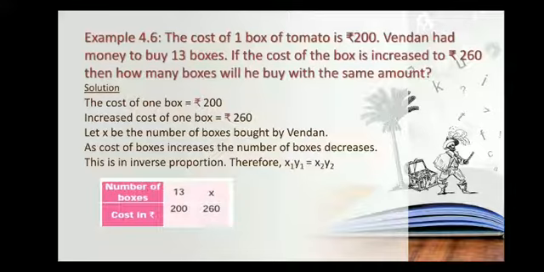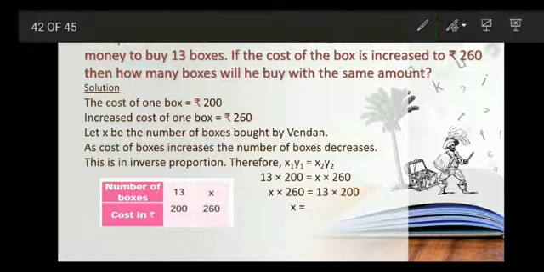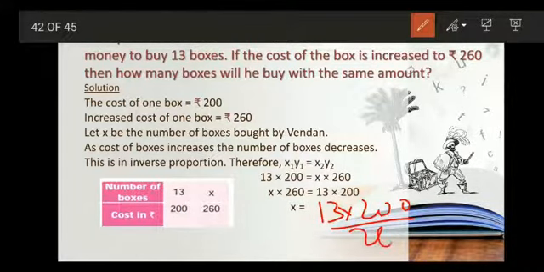So 13 into 200 is equal to x into 260. Okay, 13 into 200 is 2600. So 2600 is equal to x into 260. In this step we are exchanging the LHS and RHS. We need the value of x, so take 260 to the other side: 13 into 200 by 260.